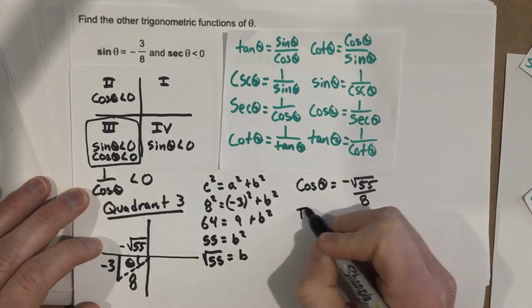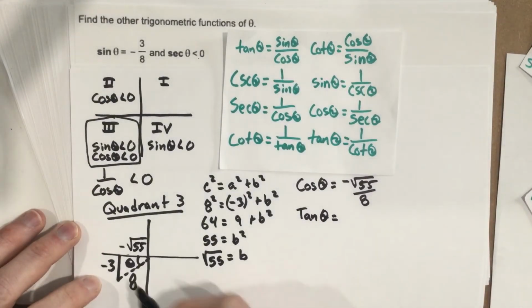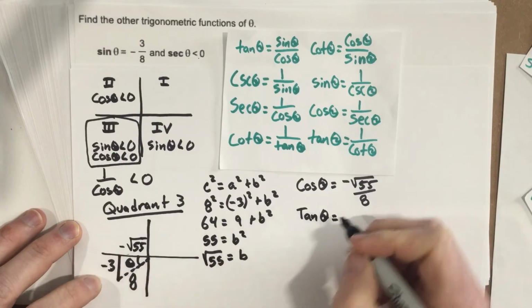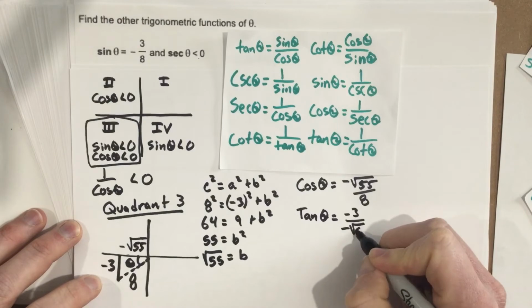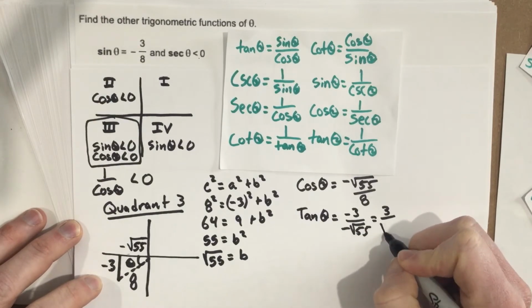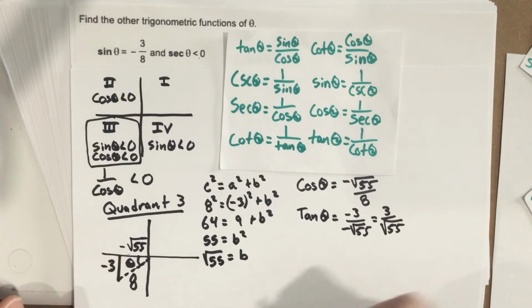Tangent theta is going to be opposite over adjacent, so it's -3 over negative root 55, which gives you 3 over root 55 for an answer. Now, they may want you to rationalize this denominator.